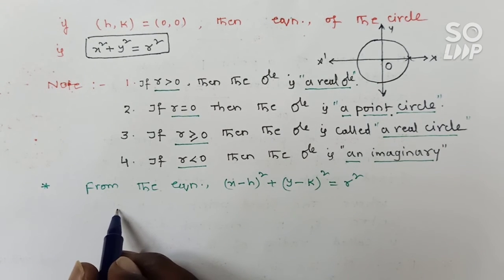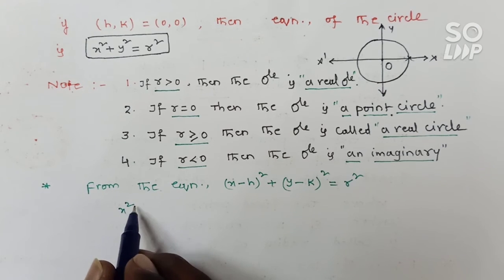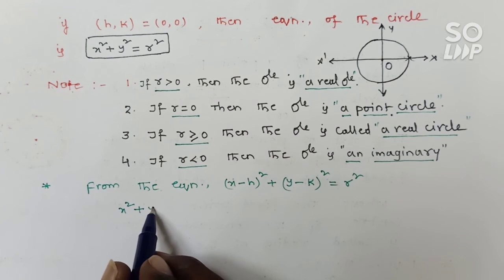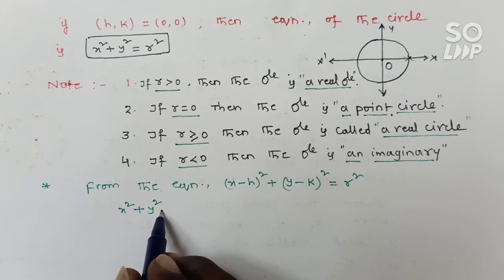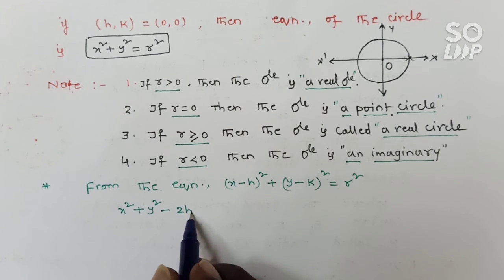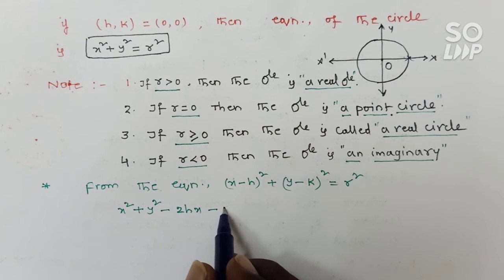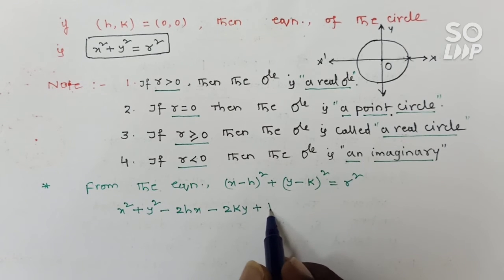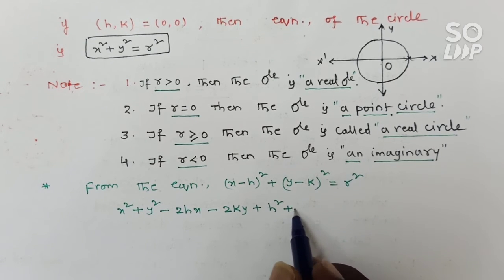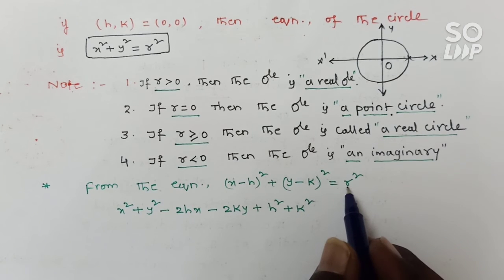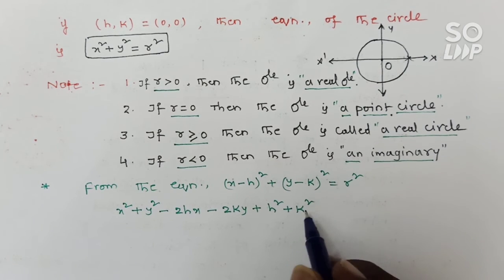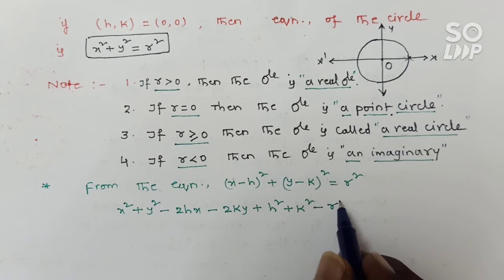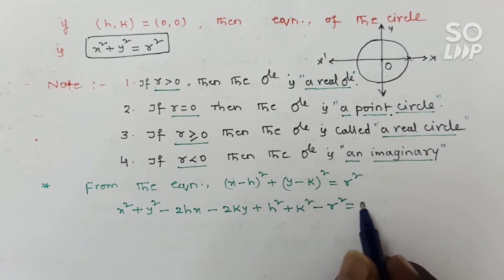By expanding, you will get x square plus y square minus 2h into x minus 2k into y plus h square plus k square is equal to r square. You get the left hand side minus r square is equal to 0.